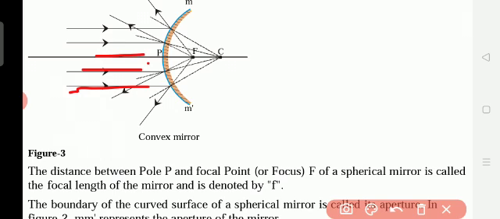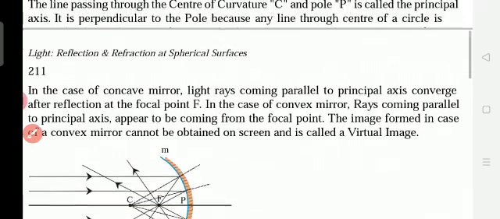So here the focal point is this one, here the image is forming. These rays will show as dotted lines, not real lines, as though light is coming from the focal point, from inside of the mirror.